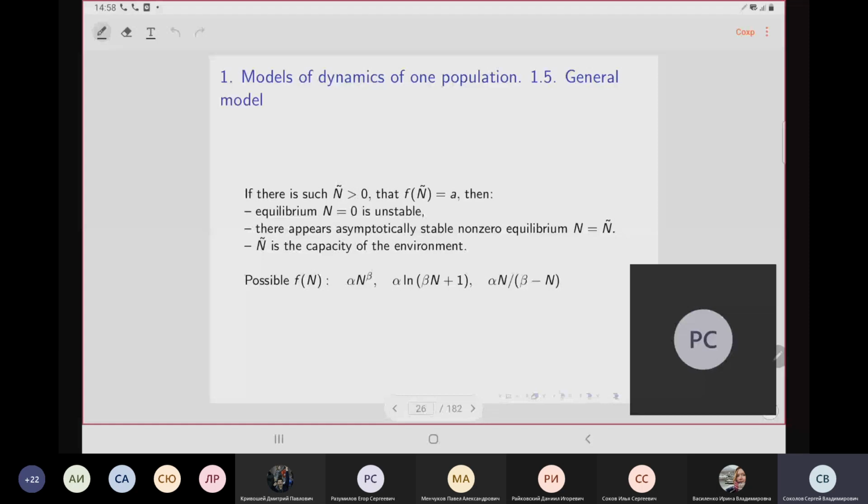What does it mean? How do we analyze the stability of differential equations and so on? Well, can you explain to me in simple words what the stability means?